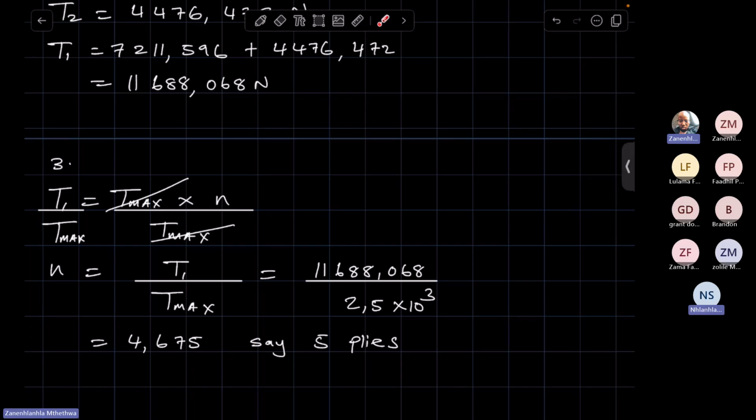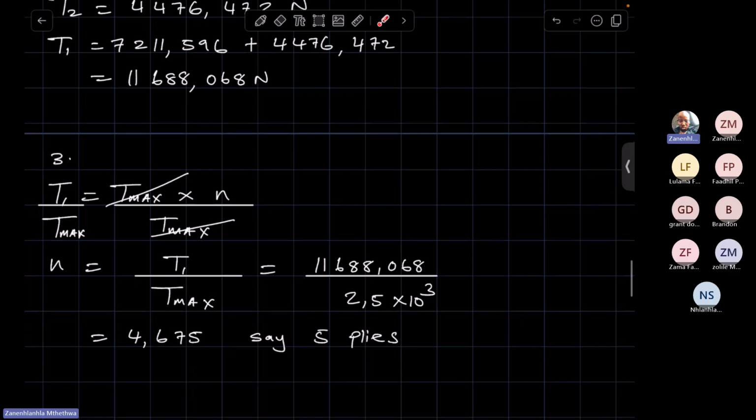So T1 is not necessarily equal to Tmax? It is, unless stated otherwise. It will never be stated otherwise. T1 is equal to Tmax. If you've been given Tmax, you will always equate it to T1.